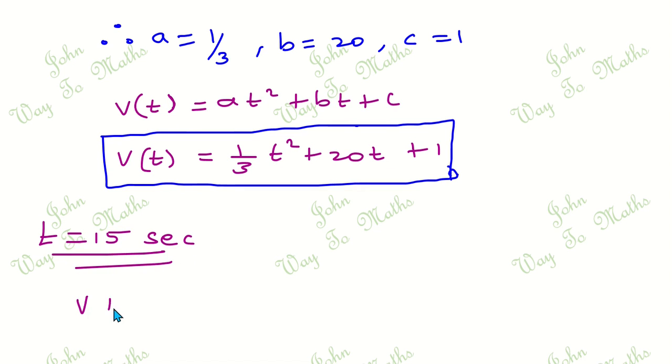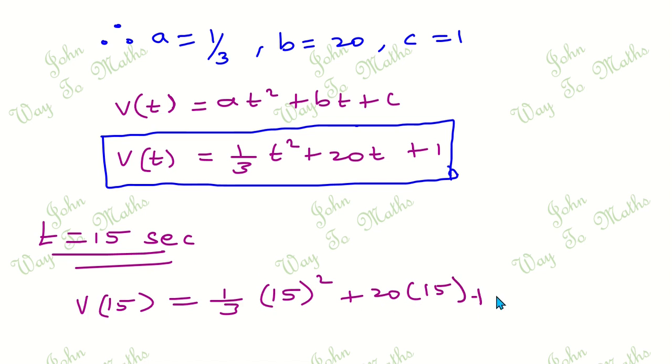So v of 15 is equal to 1 by 3 of 15 whole square plus 20 of 15 plus 1. Here 15 whole square becomes 225, and 20 into 15 becomes 300, plus 1.